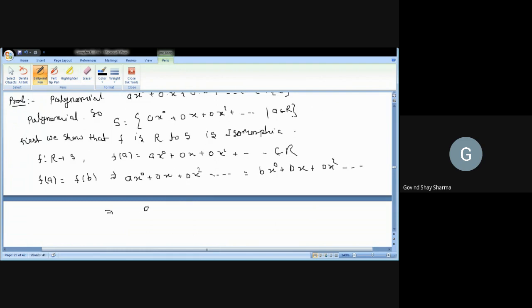So we get a is equal to b. That means f is one-one.